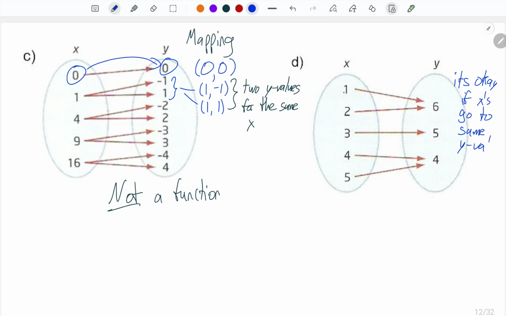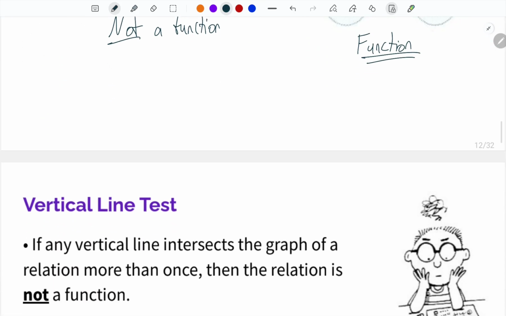It just can't have 2 separate y values for a single x, or 2 arrows emerging from x. 3 goes to 5, 4 goes to 4, 5 goes to 4. Each of them only has 1 arrow, so it is a function. Let's continue.